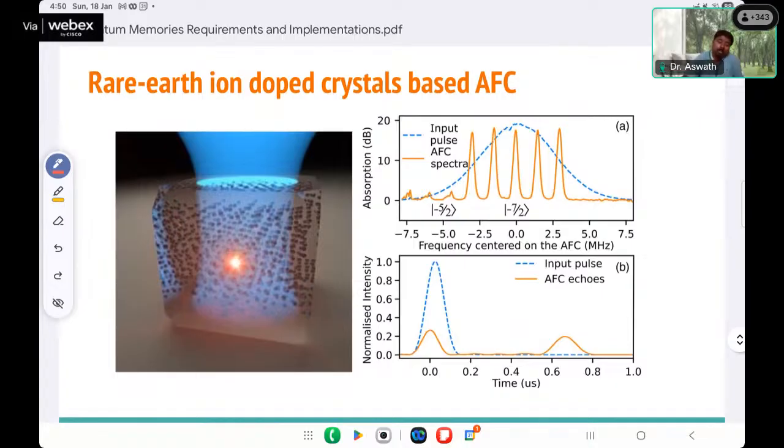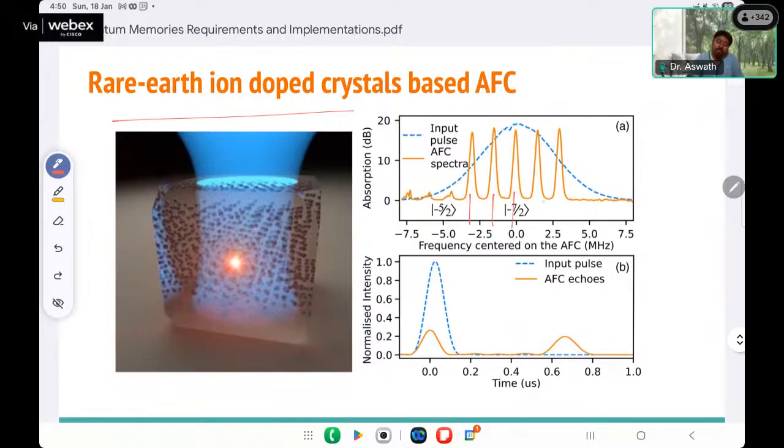There is rare earth ion based atomic memory. We can have a rare earth crystal, within that some erbium crystal, and we can drop yttrium ions within that. Those ions will have absorption peaks, meaning they absorb light only at certain frequencies.